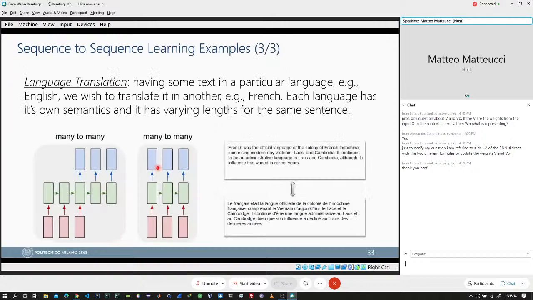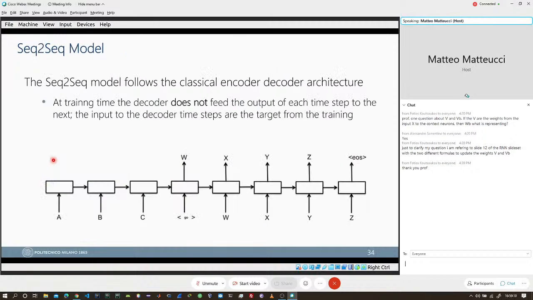This first model is called in the literature the seq-to-seq model. When I discuss the seq-to-seq model, I discuss a model where you encode a sentence, the first sentence, and then based on that encoding, you generate another sentence.